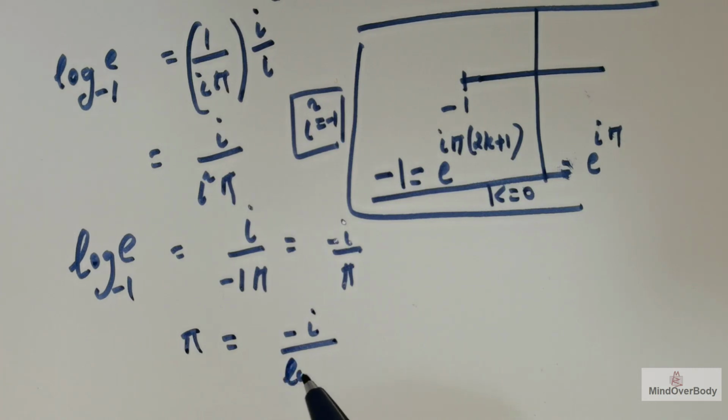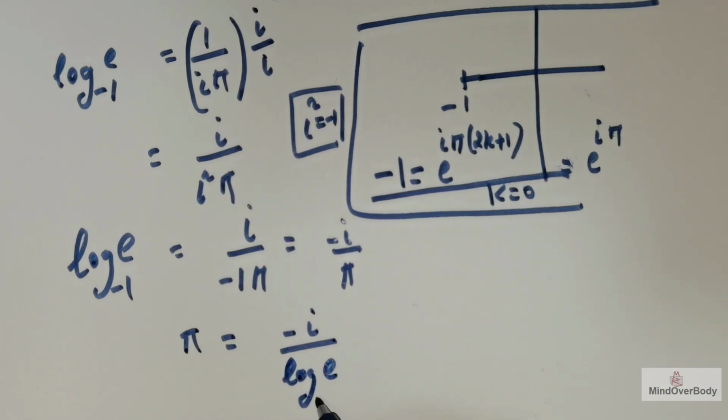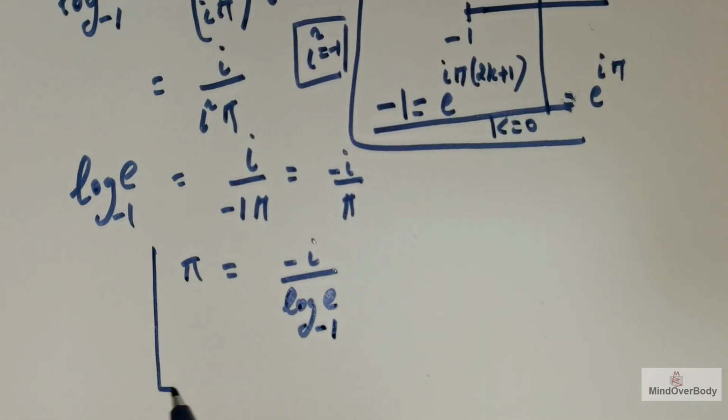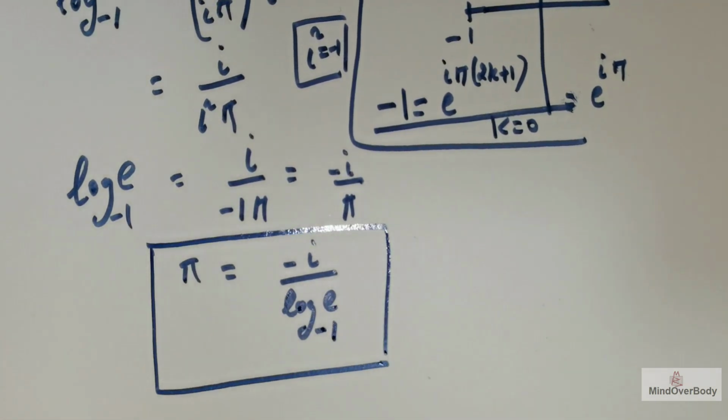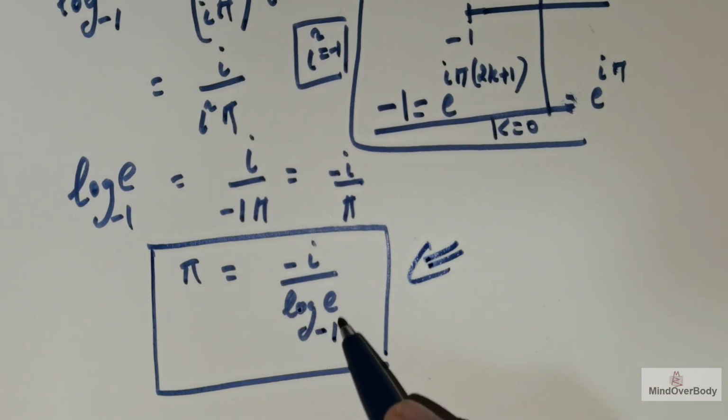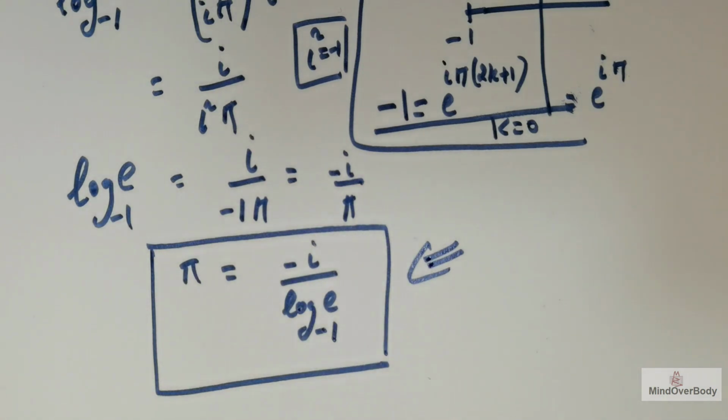So now if someone were to ask you what is the value of pi, clearly you can say the value of pi is -i divided by log of e to the base -1. Of course, they're going to ask you the next question: how did you arrive at this particular value? And then you can show them the proof or the working which I have just shown you. Thank you, students.